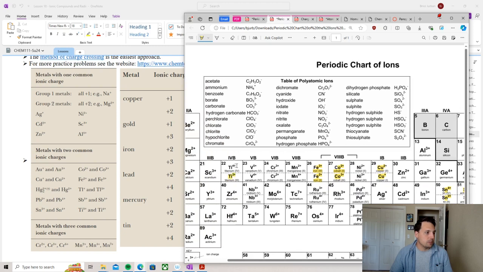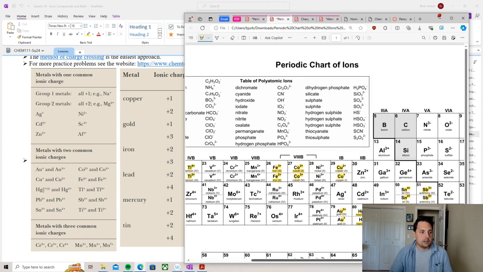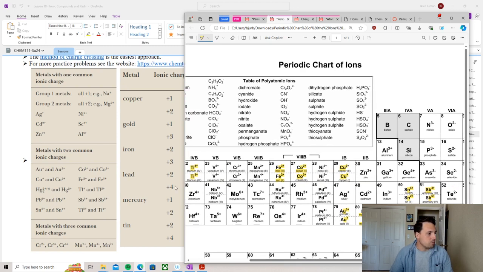Titanium forms, interestingly, +3 and +4. There are a variety of other ones that I have listed on this table, but these are the ones that we're going to end up actually using the most. And then there are a few that have 3 common ions, and my chart doesn't include these, but chromium can be +2, +3, or +6, and manganese +2, +4, and +7.